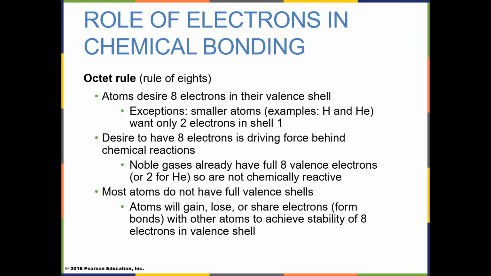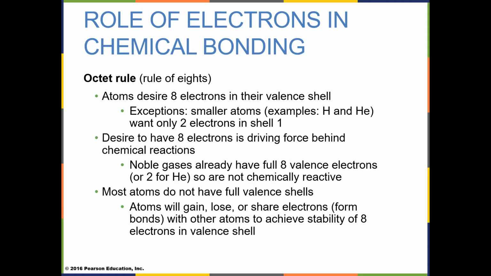Everybody else, though, has valence shells that are not full. An atom will do everything it can to satisfy that rule of 8, to put 8 electrons in its valence shell. If it needs an electron, it will grab one or borrow one. If it has too many electrons, it will kick one out or share it with somebody else to keep its valence shell happy.